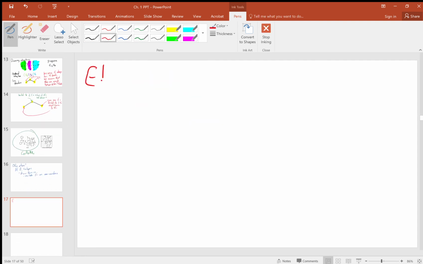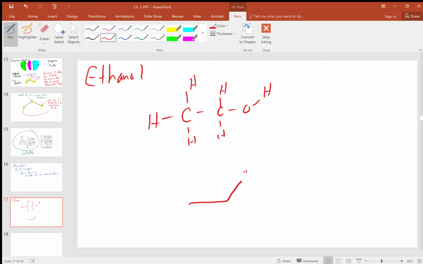What do I mean by that? Well, let's look at ethanol. Ethanol has this chemical formula. If I want to draw it as a line structure, I draw it like this. I cannot draw it like that though, because now there's only one bond on that oxygen.